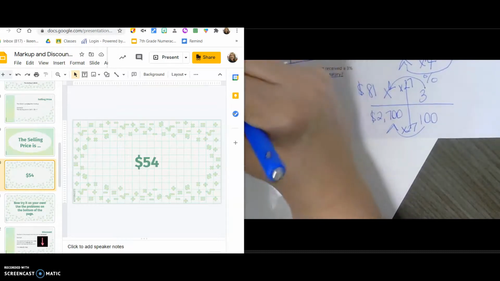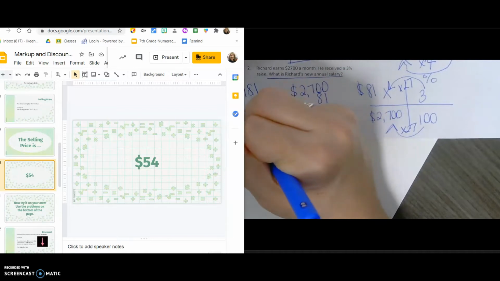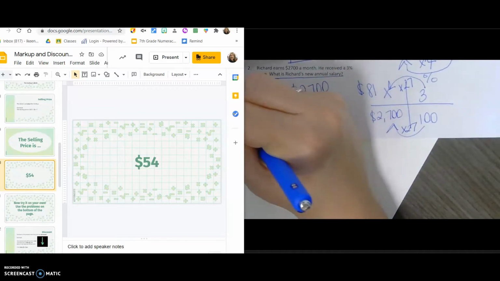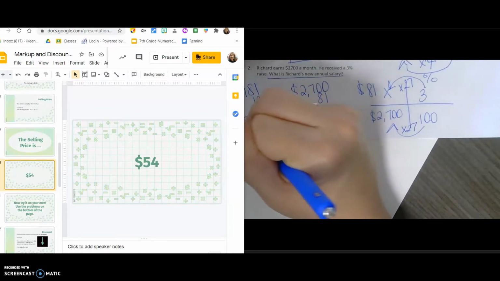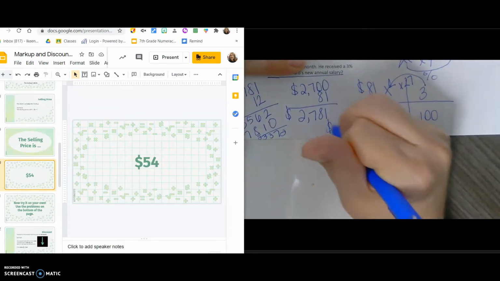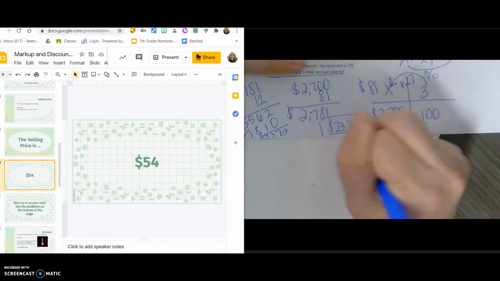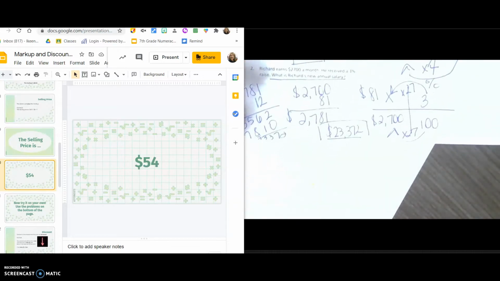I'm going to do that really quickly. So he makes, and I'm running out of room, $33,372 per year.